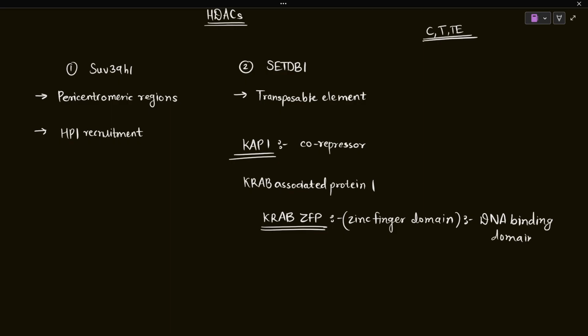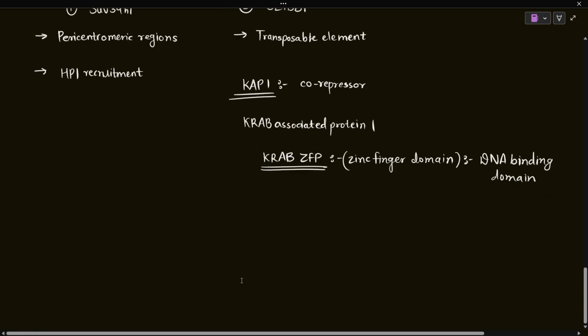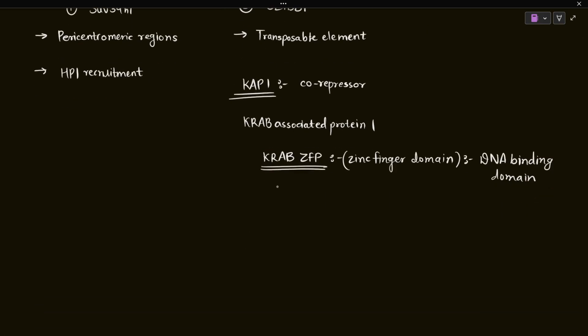So what happens is that these KRAB ZFPs, these KRAB proteins, are DNA binding proteins. So these are the transcription factors, DNA binding transcription factors. They bind to the DNA.